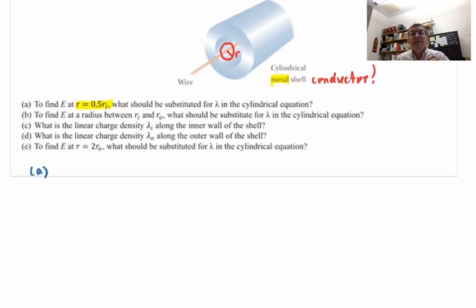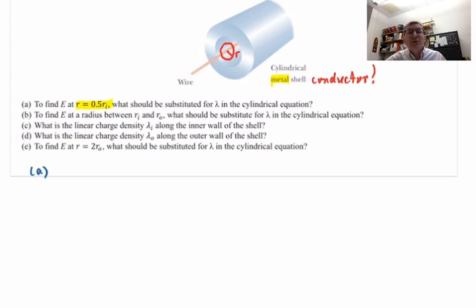And Gauss's law tells me that the only thing that determines the E on a Gaussian surface shaped like a cylinder with that radius R is the charge that's within that distance R. Well, the only charge within that radius R is the wire. We haven't gotten out to the shell yet.